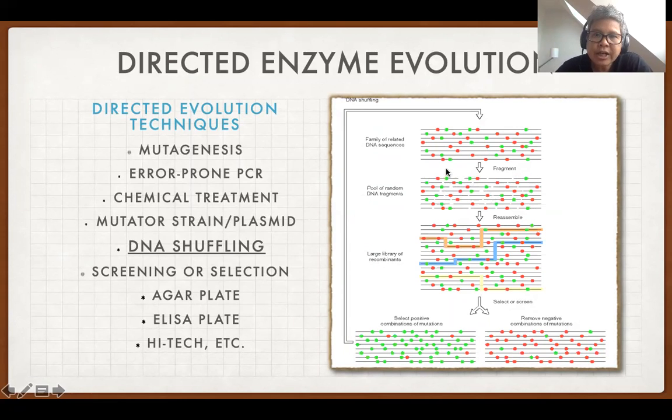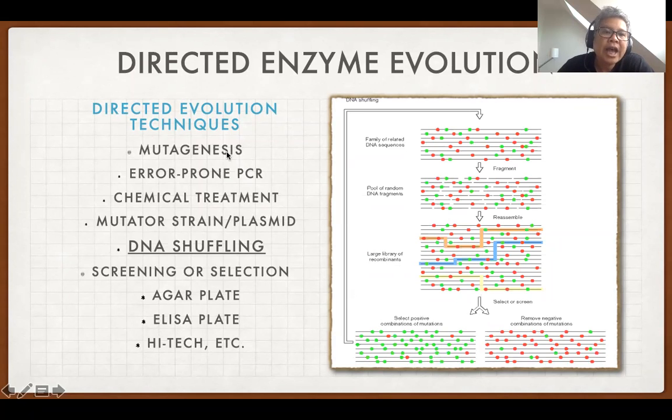The recombination can be done this way: you have a set of different genes with different mutations. You cut these genes into small pieces, and then you recombine them together. Then you have a library of recombinant genes, and then start to do the selection and keep going for several rounds.